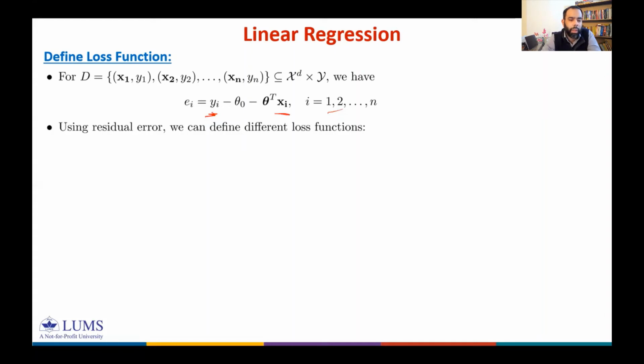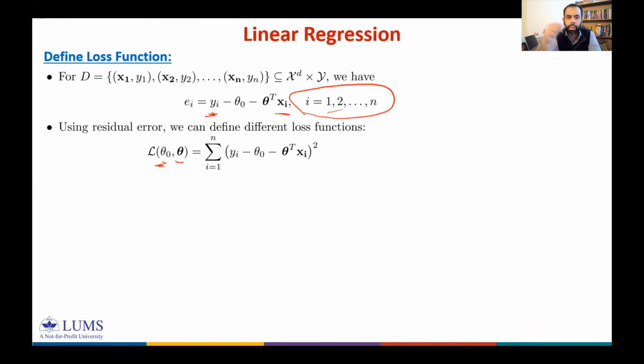For example, we can define a loss function like this. We have n residual errors, and we want to map these n residual errors to just one numerical value using a loss function. So we define the loss function, which depends on theta naught and theta.